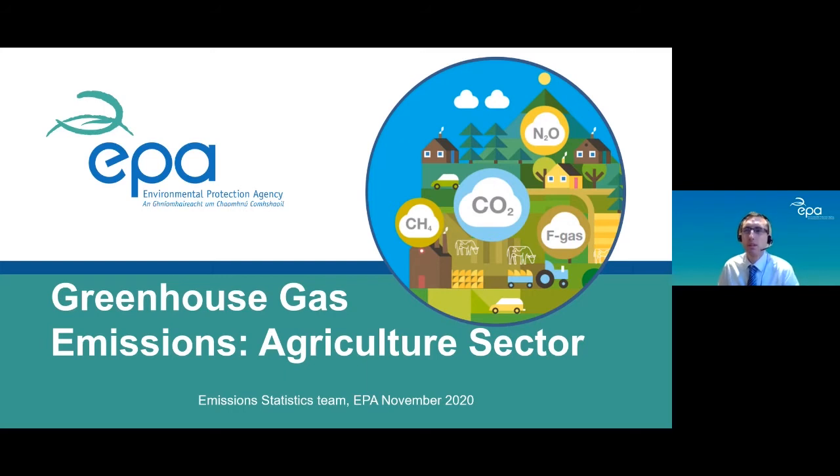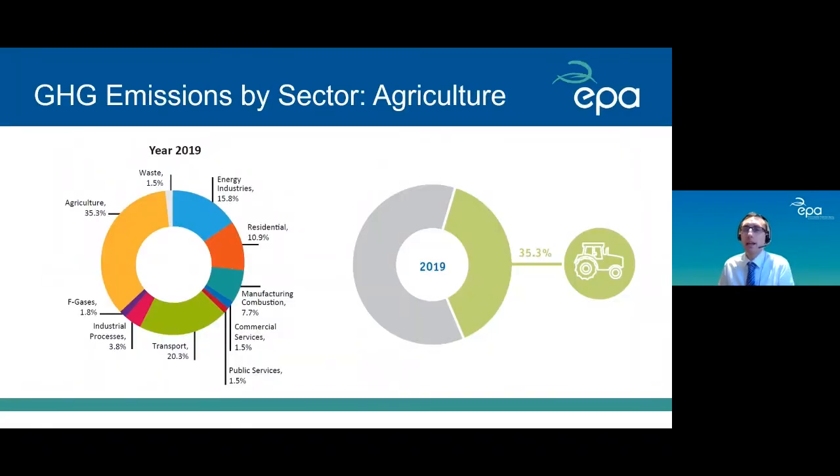So now I'm going to briefly give an overview of some of the methodological refinements and improvements we've made to the agriculture inventory this year. As Stephen mentioned, when we look at emissions broken down on a sectoral basis, agriculture represents over a third of the emissions we're reporting for 2019, so it's an important sector in that context.